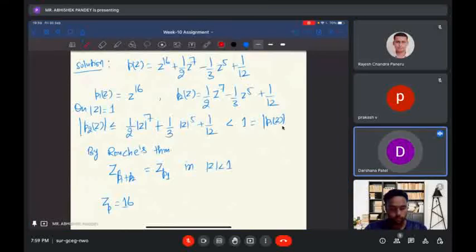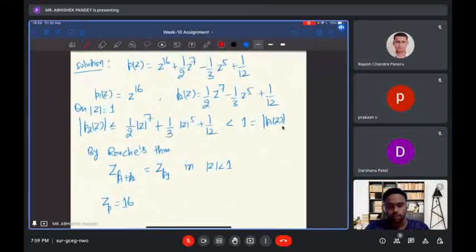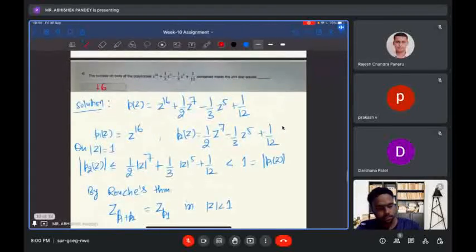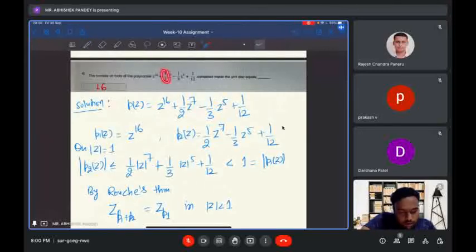Yes, sir. But how do we take this P1 and P2? Okay, so here you have to observe. Once you see the coefficients of this p, you have to observe that all the coefficients are less than 1.